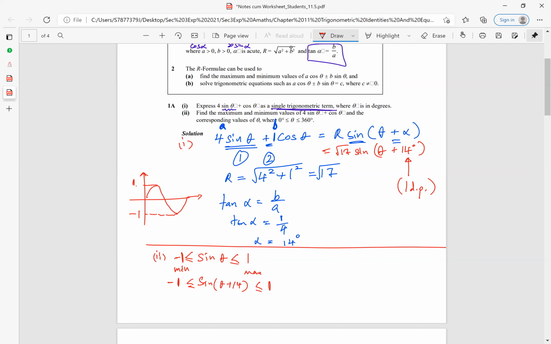But when you multiply by square root 17, the amplitude now changes. So now it becomes square root 17, and this becomes negative square root 17. Of course, this is your minimum, this is your maximum. This is what I've covered previously.